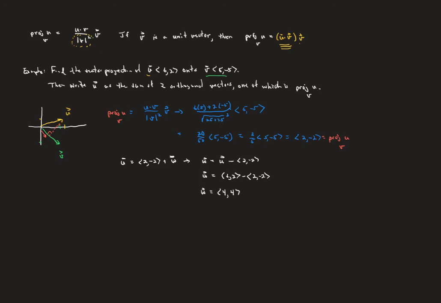So we are saying that our vector u is the sum of these two vectors, and that's what our w is. Okay? All right. I think that's going to be good to go.